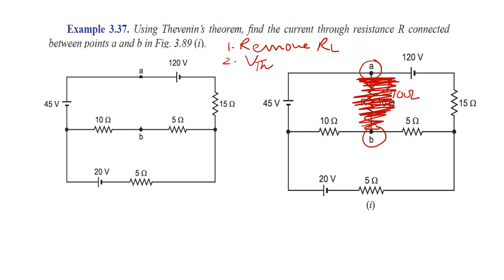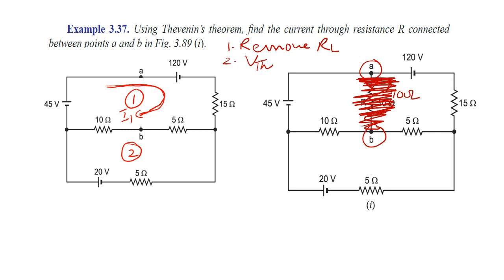Now if I look at the loops, say this is loop number 1 and this is loop number 2. In loop number 1 the current is flowing like this, say it is I1, and the loop is moving in the clockwise direction, which is also the direction of the current.